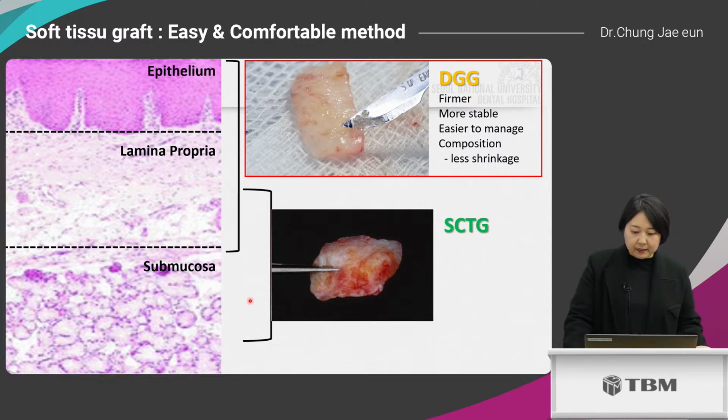So DGG has harder tissue than SCTG, so it is easy to handle. Also, SCTG is collected with a lot of this fat layer here, which can lead to postoperative contraction later, so it would be nice if DGG was used as the graft. Also, harvesting the graft is much easier with DGG than SCTG. If you don't have to leave the epithelium cover, it's much easier and time-saving.